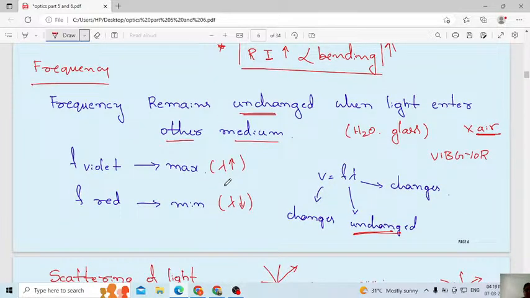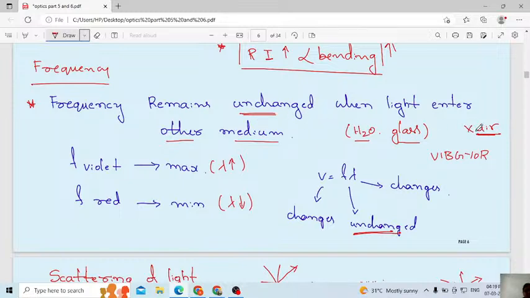Then next, how frequency depends upon the color. Frequency remains unchanged when light enters another medium. This is also one more important thing. Frequency remains unchanged whether it enters another medium, maybe water or maybe glass.